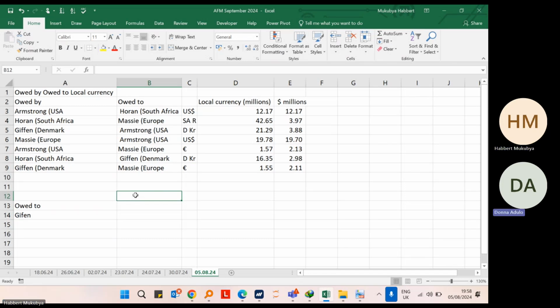Hello, yes, I'd like to ask. Would someone be wrong if, for example, after converting to dollars, you organize your data as you have explained, under the column, you just follow the way the question was, like you go from Horan to Mercy or Armstrong, rather than following the part of the question where it begins from the largest to the smallest?